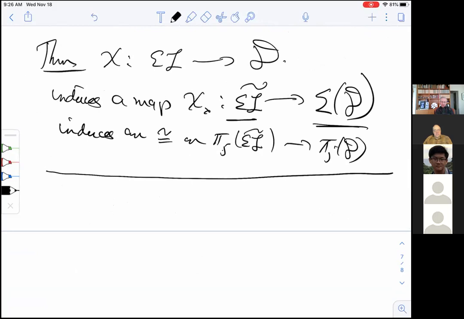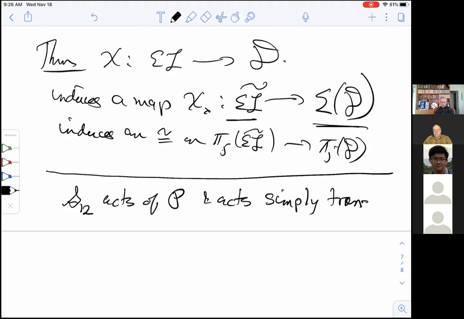So remember that this group G12 acts on embeddings. This is the group, remember, of automorphisms of the model that preserve norm x squared and norm y squared. So it acts on P and acts simply transitively on the fibers of this map rho.